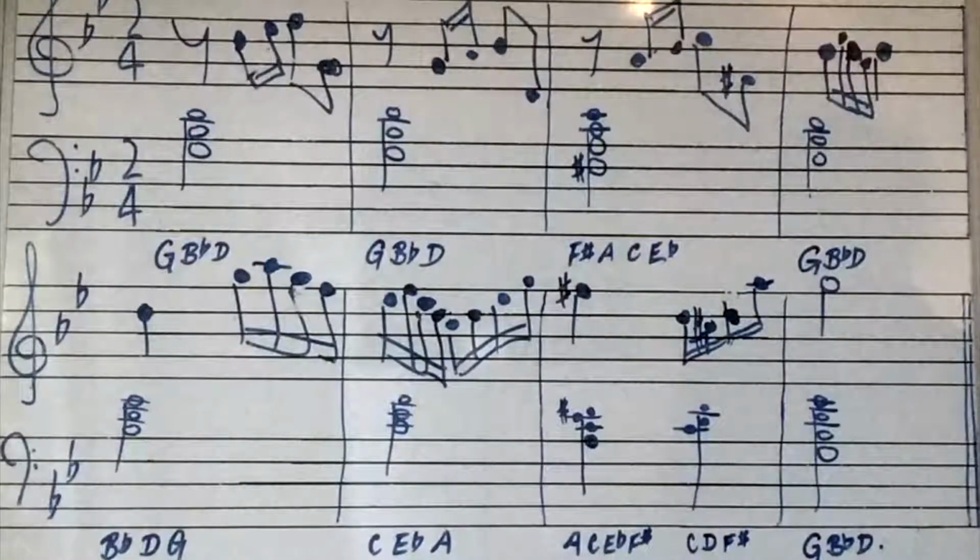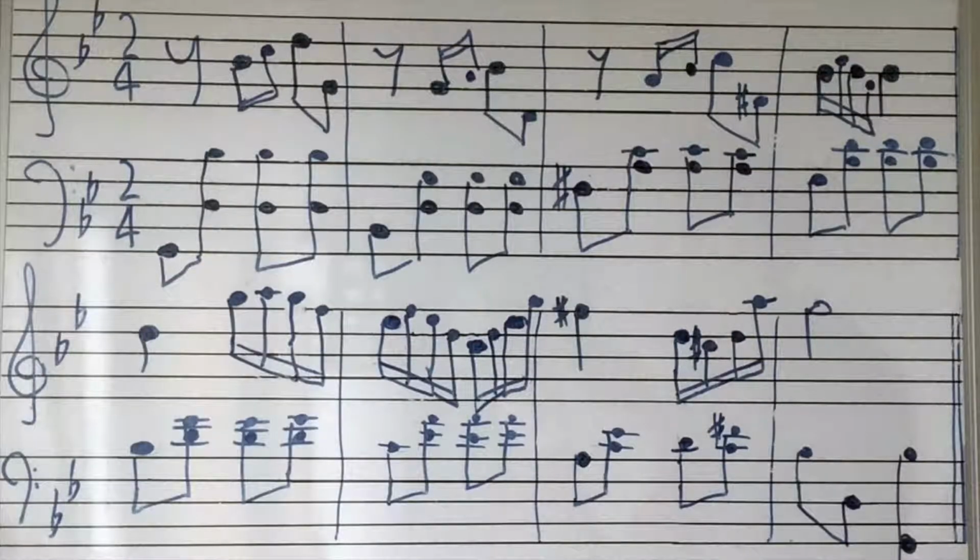In bar 7, my auxiliary note is a little more fancy. It's a chromatic auxiliary note. And now with a simple accompanying figure in the left hand.